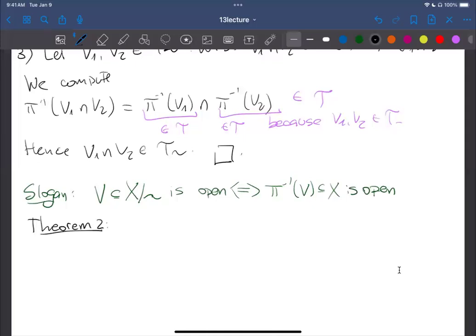So let's go to our setup. So let's assume we have an equivalence relation on a topological space.